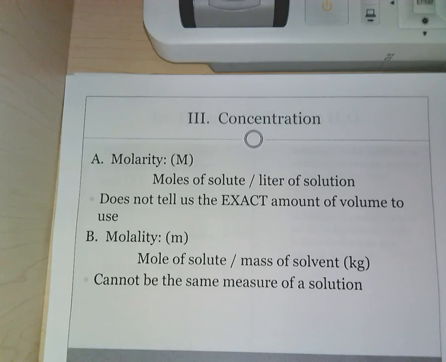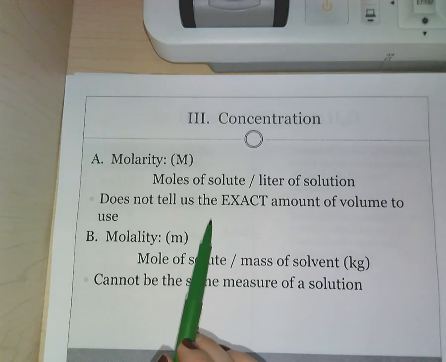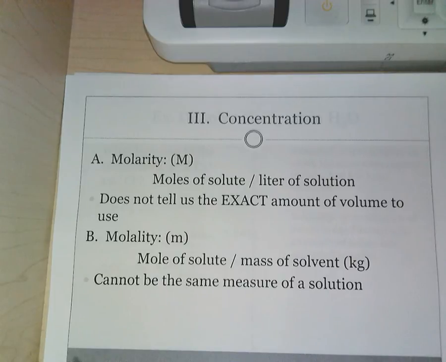Like if you put in 25 and you know that's 100 total, it's probably 75-ish. But it doesn't tell you the exact volume of liquid that you added. Molality tells you the exact amount of liquid to add. So they'll always be similar, but one is considered more exact in terms of how much solvent to add.